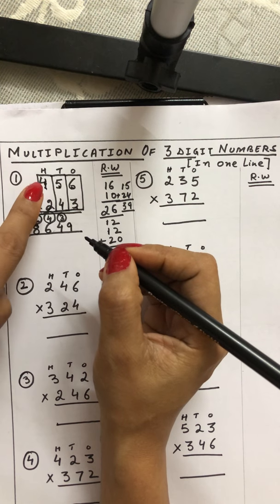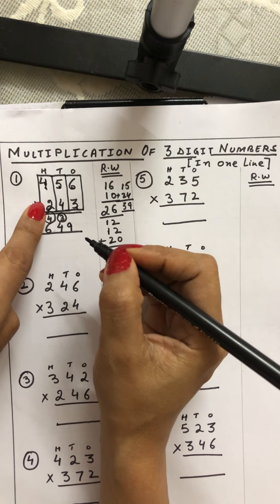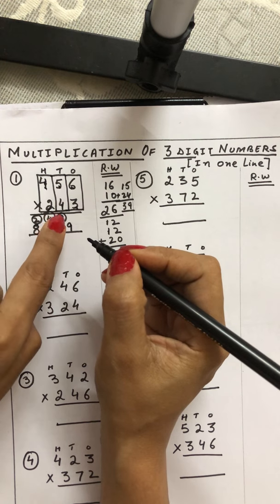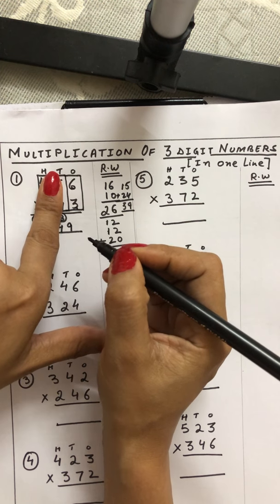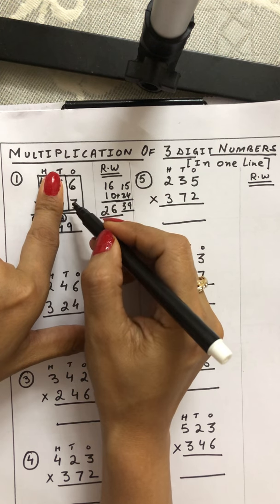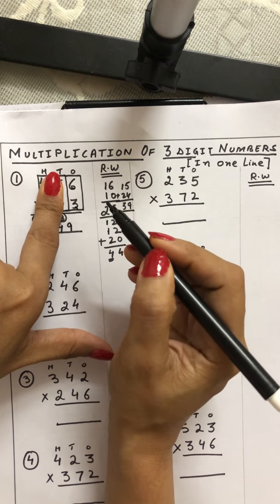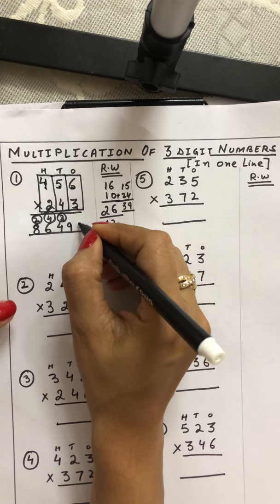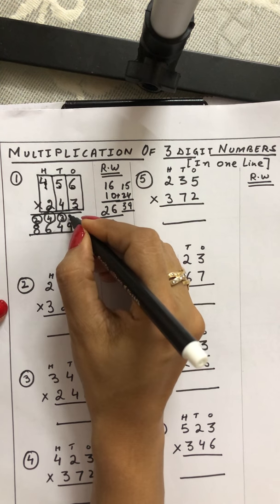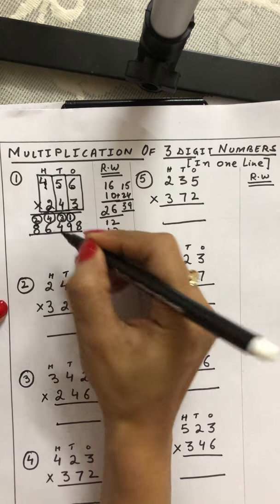Since in the earlier case I was hiding the hundreds column, now I'll hide the tens column as well as the hundreds column and multiply the digits present in the ones column. 6 into 3 is 18. So 18, 8 comes here and 1 goes as a carryover on the previous digit.